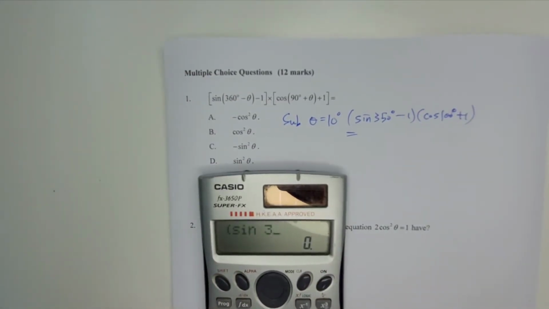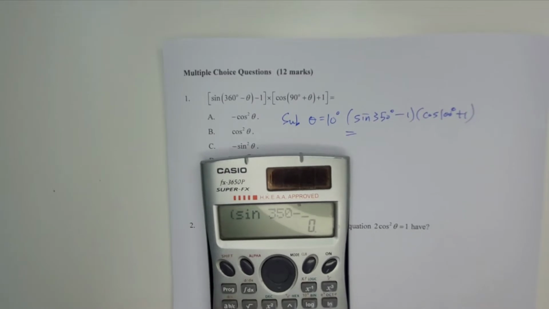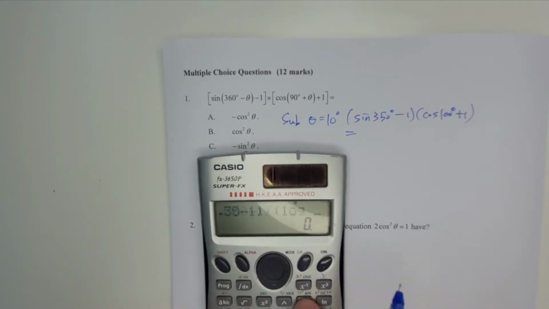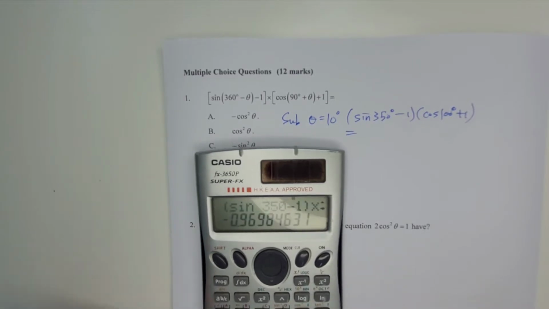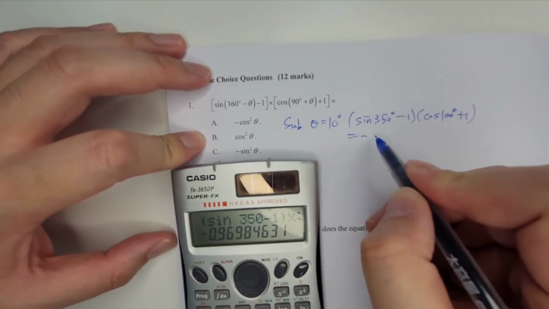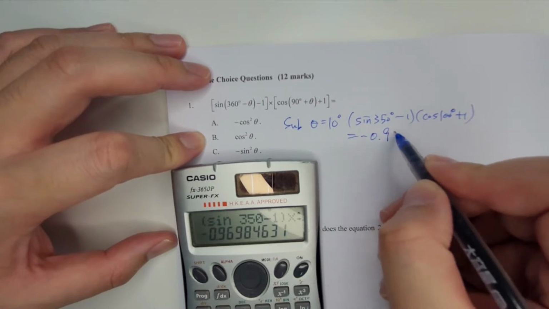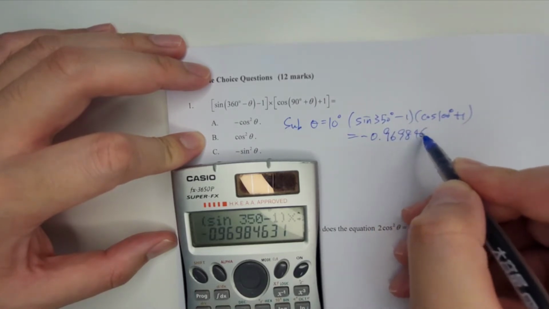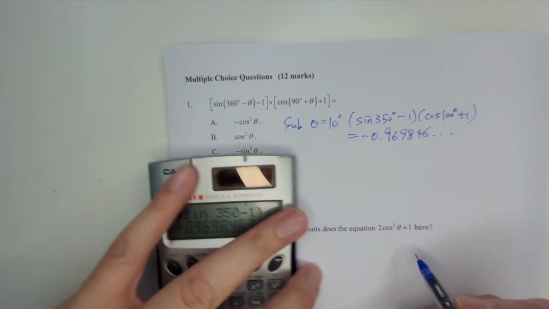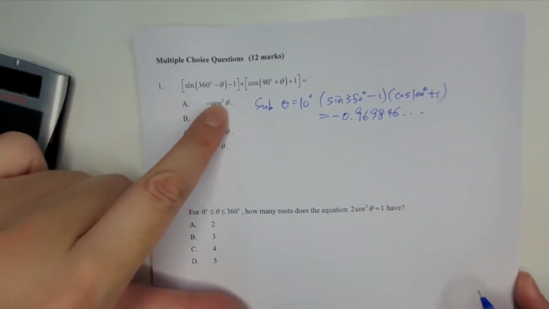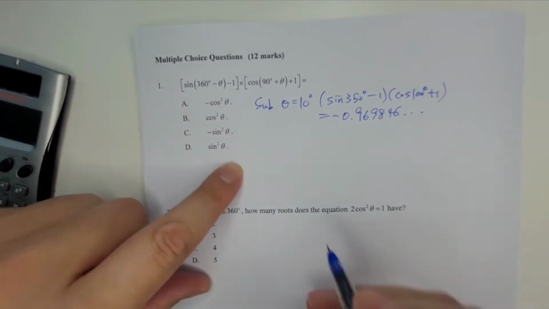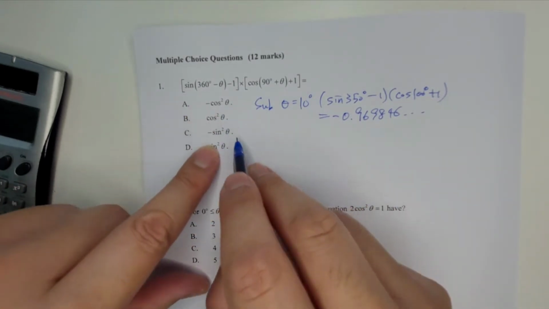So sine 350 degrees minus 1 times cosine 100 degrees plus 1, that is negative 0.969846 something. After you find the value of the expression, go to options A, B, C, D and substitute theta equals 10 into each of them.